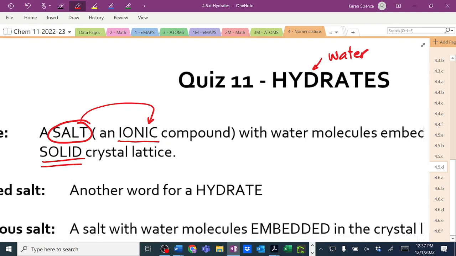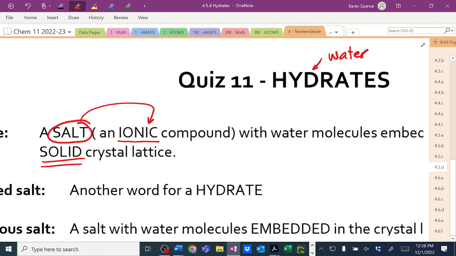Now, what if I was to take a couple of these little binder clips, and the reason I've chosen them is because you can almost imagine that they are water, because you've got the O and then the two little H's, H2O, H2O.